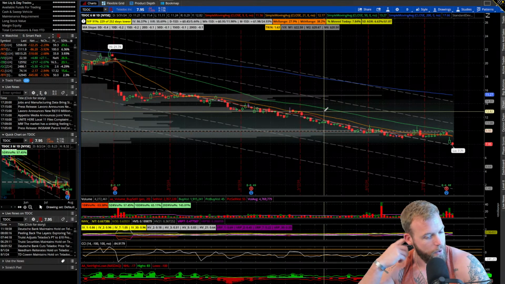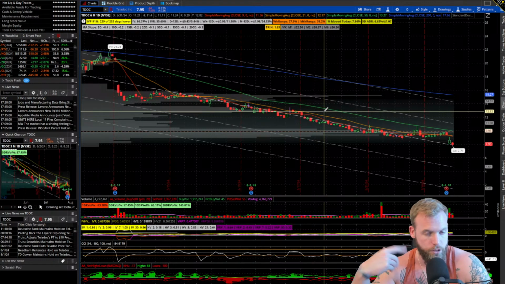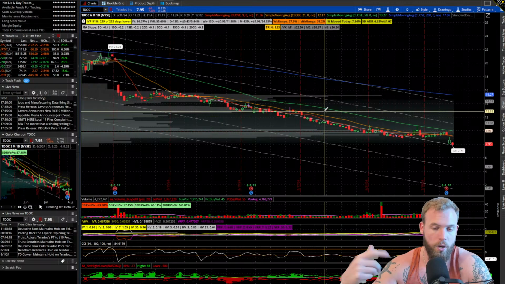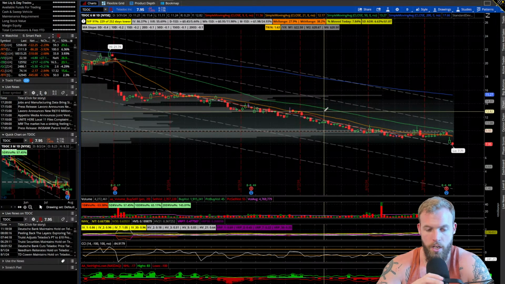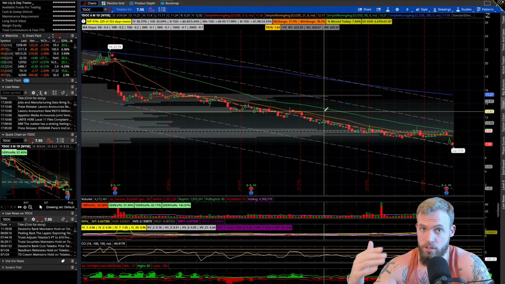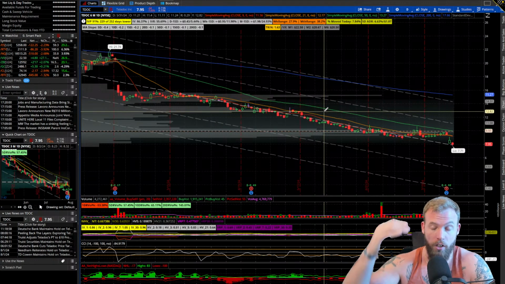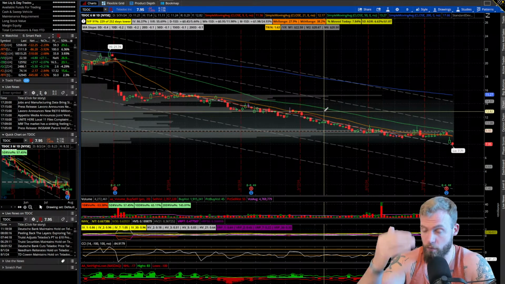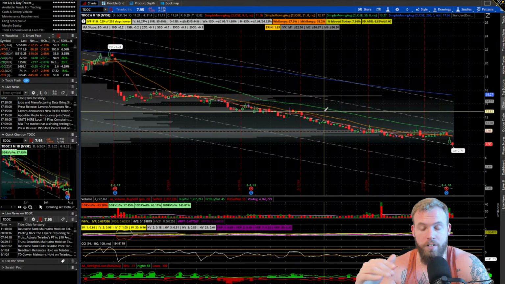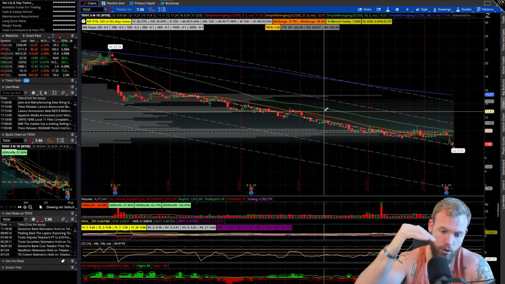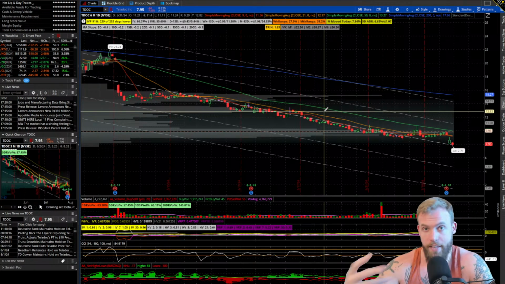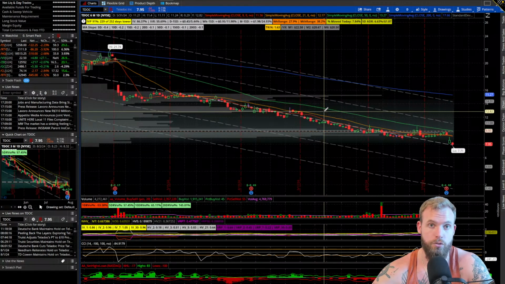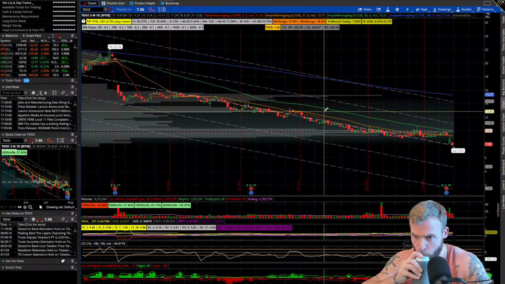So I wanted stuff that wasn't just negative over the last 252 trading days, but I wanted stuff that was posting negative returns because there's a propensity for momentum even to the downside. And again, that's why I don't want to look for things that are at extremes because a reversal is very likely. I want to find stuff that's just slowly grinding lower. That becomes a really attractive trade for me. So that's the idea.